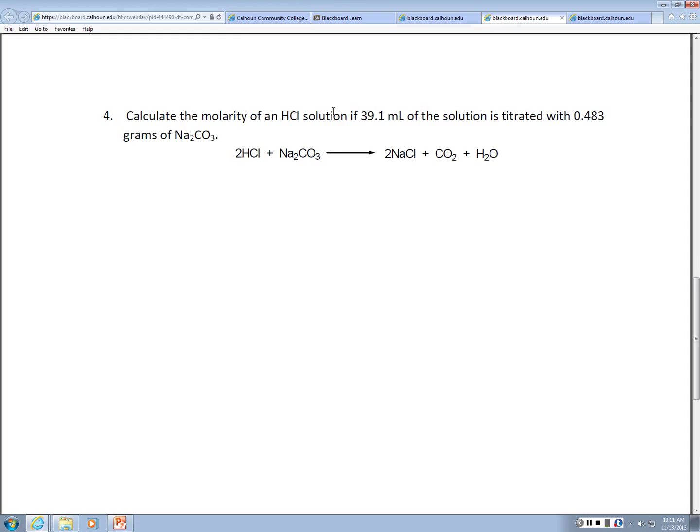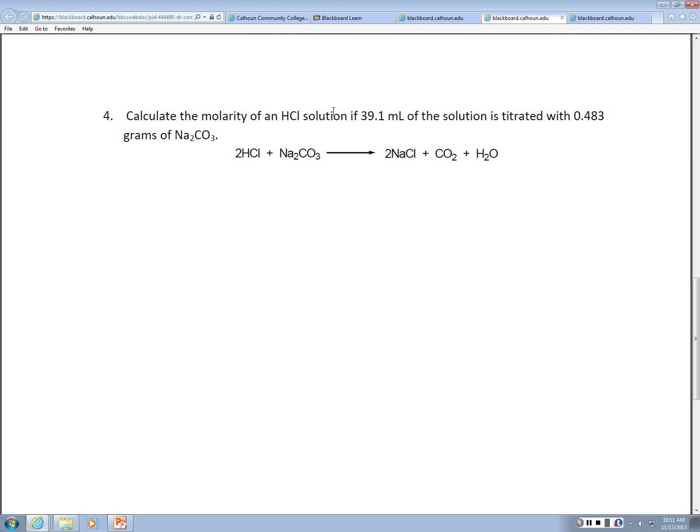You've got to add up your molecular weights or formula weights. So we're looking for molarity of HCl.